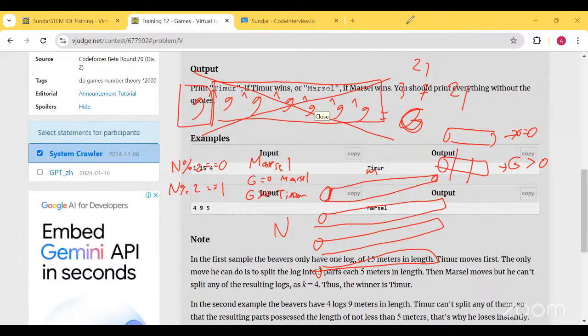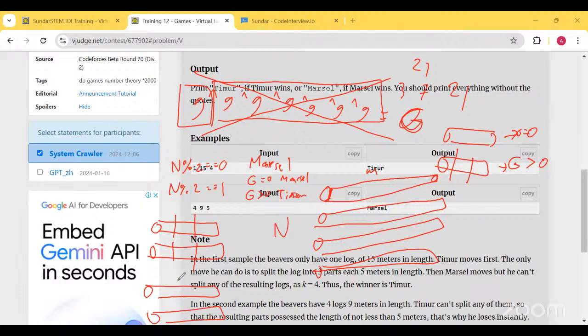And what is the strategy? Just always make the XOR 0. So in the case when N is even, just follow the move done by the first player. If the first player cuts into 3, then just cut into 3 for the other log.